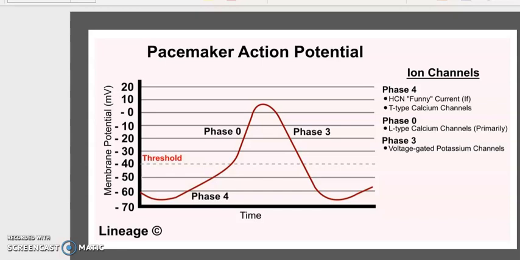So the membrane potential that we're seeing here for our autorhythmic cells is going to be in a system of 4 phases. So phase 1, we're going to have an early rapid repolarization resulting from rapid inactivation of sodium current carried by potassium ions. So we're going to start off here at about negative 60 millivolts.